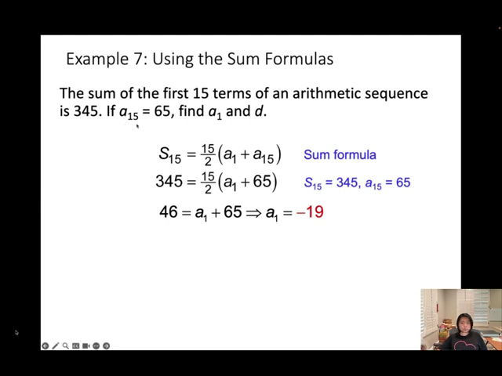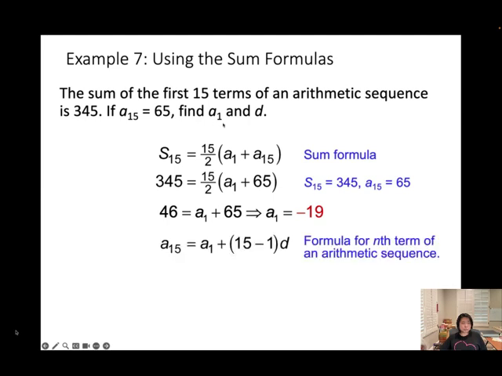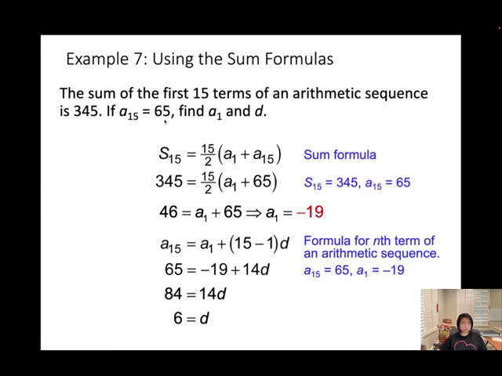So we could use the general term an equal to A1 plus n minus 1 times D. Okay, so A1 will be equal to negative 19. And this is what we're looking for, the D. That will be equal to 65. Combine the terms, you're gonna get D equal to 6.